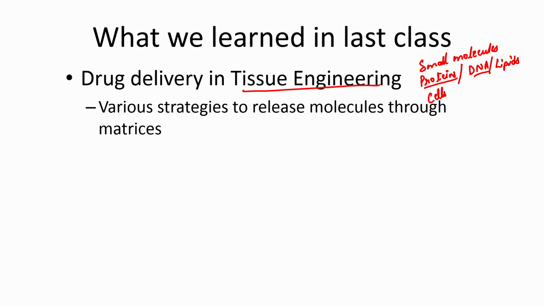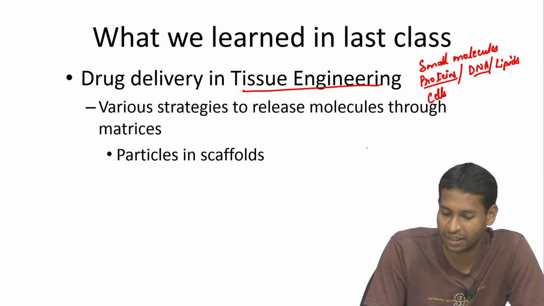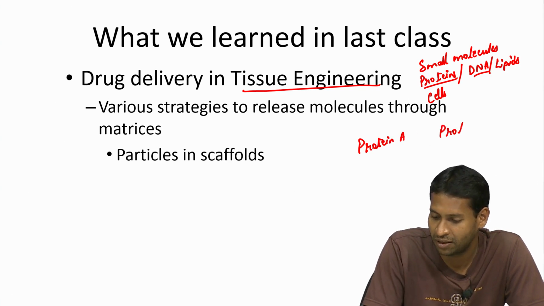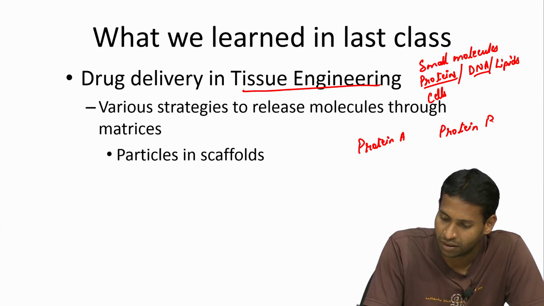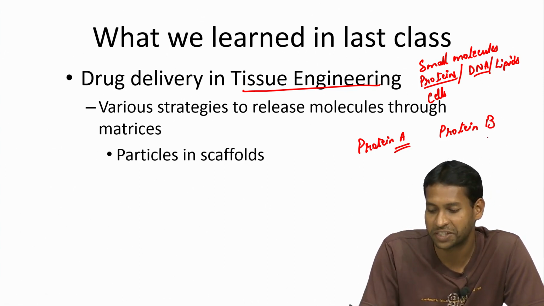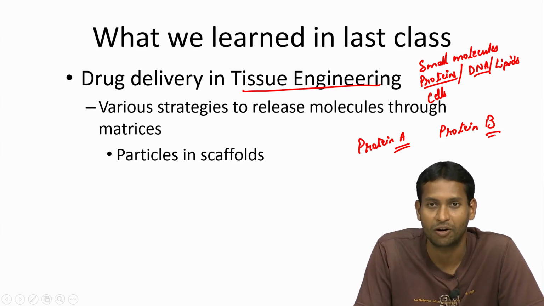Again, we talked about various strategies to release small molecules or large molecules through matrices, and one thing we talked about is particles and scaffolds. Let us say I want to deliver two proteins, protein A and protein B, but I want to make sure there is a certain kinetics of protein A which is different from protein B. How do I do that?